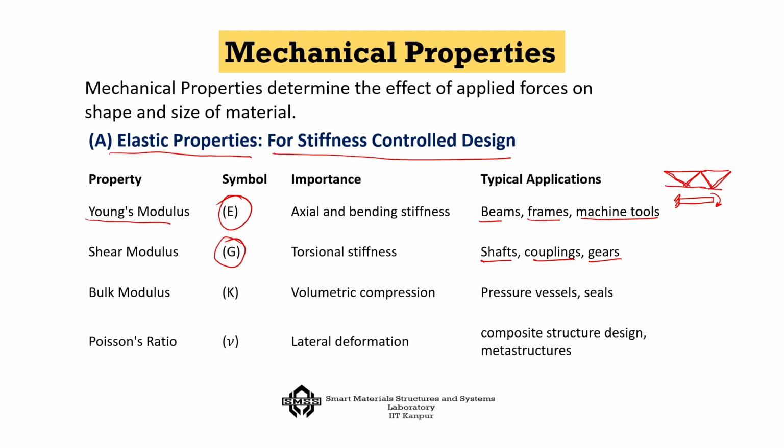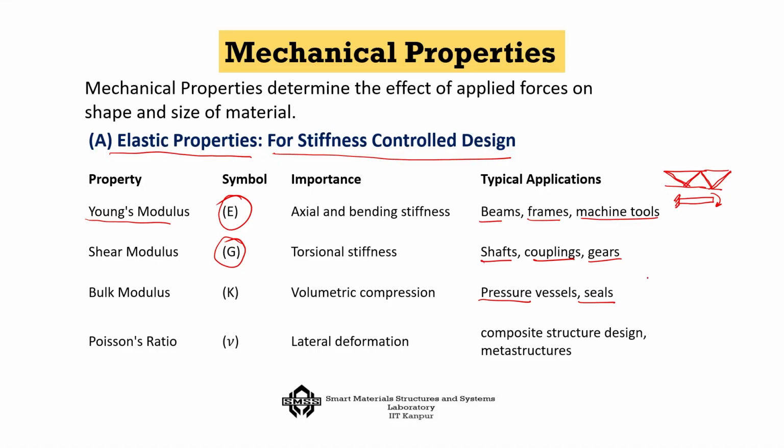Some cases are there, cases like pressure vessels or seals, or another interesting case I did not mention here, that is when you are sending something under the ocean. One good application can be these ocean bottom seismometers, we call it OBS.